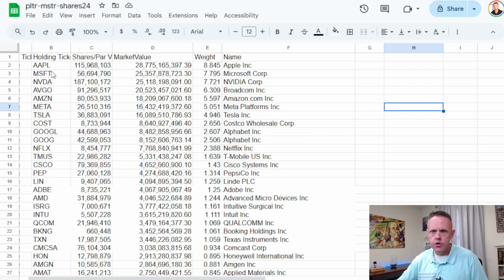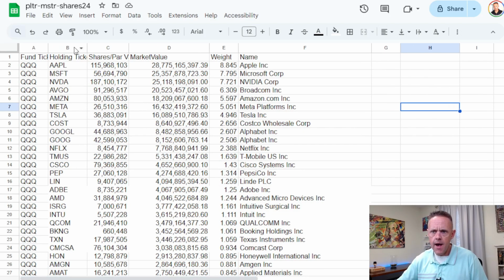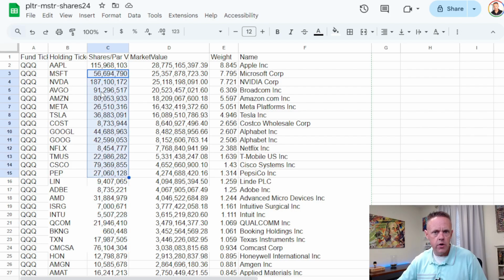Now I moved this over to a Google Sheet so that I can display it better here on the screen. And you see the information that we have. We have how many shares they hold, and we have the market value of those shares. Now, obviously, each stock has its own price per share, so we wouldn't expect this to be in any sort of order as far as the shares per each ticker, but we can see the total market value of each holding.